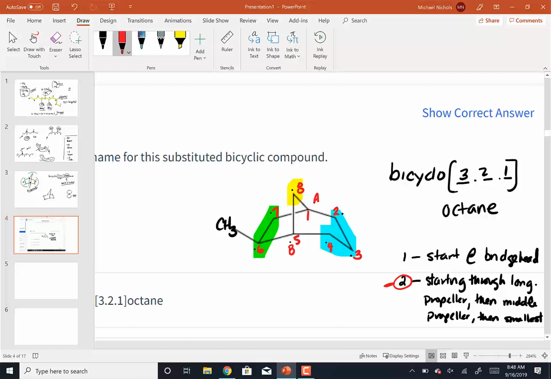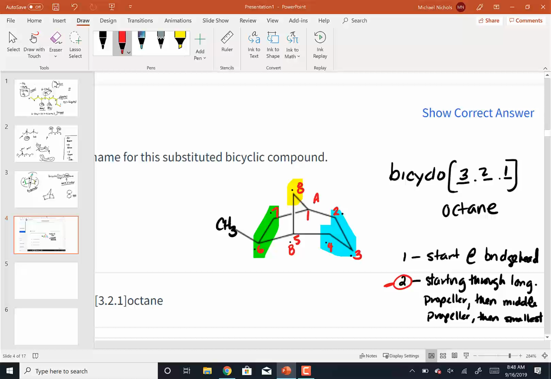Now, what if you had two bridges that were the same length? Now I've got a choice, right? So if there were 2 and 2, I could go through the one that gives me the lowest number for the methyl group, and I'm still obeying rule number 2.